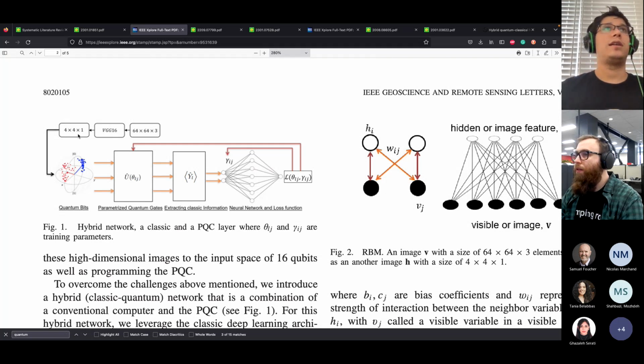Again, probably the neural network is already doing all of the job in reducing the dimension, giving you data that is already easy to classify. So you put it into a quantum circuit, then you compute expectation values, and then you put in another neural network. This neural network will have its own loss function, so this will help you train both things: the weights of the neural network and the rotational parameters of your variational circuit.